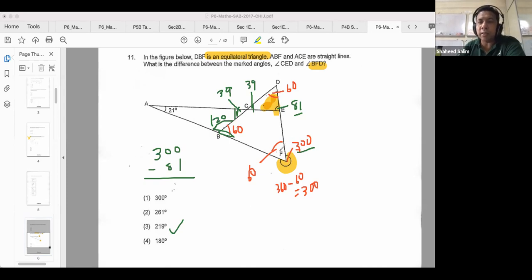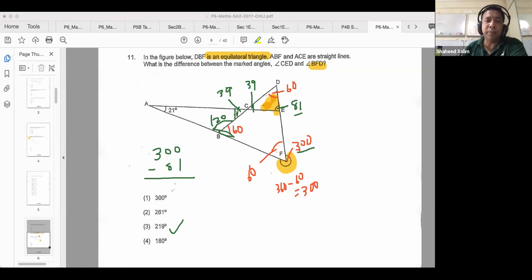Okay, down here you understand 60, equilateral, 60, 60, 60, okay? This one 300, okay? This one 60, this straight line 180. 180 minus 60, 120, okay? Can you see the straight line on here? Putri, okay? So this 21, 120 plus this equals 180.